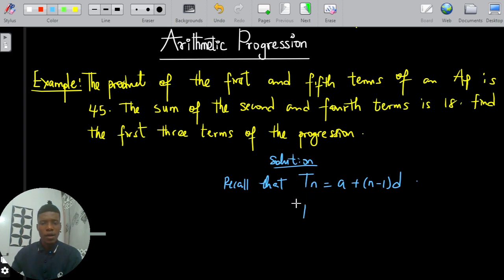So our T1 from the question, which is our first term, is denoted by a, while our T5, which is the fifth term, according to the formula, will be denoted by a plus (5 minus 1)d, which is a plus 4d.